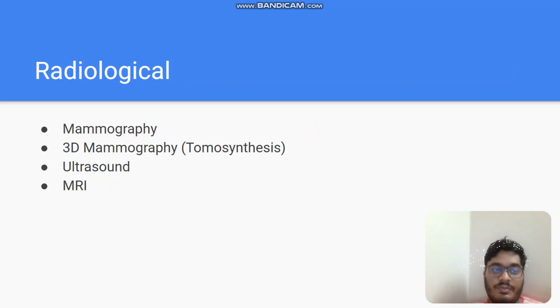Moving on to radiological examination. These are some of the common modalities which are done. The first one is mammography. Then there's tomosynthesis, USG, and MRI.